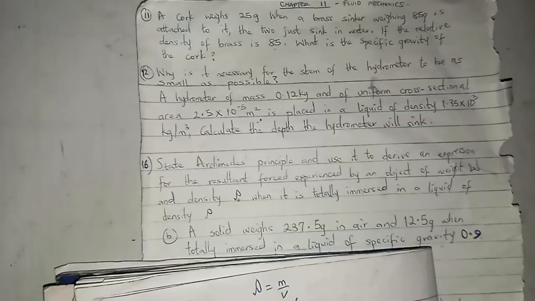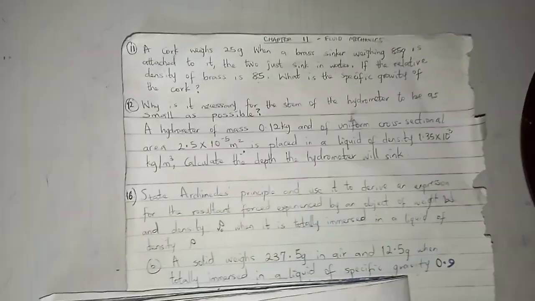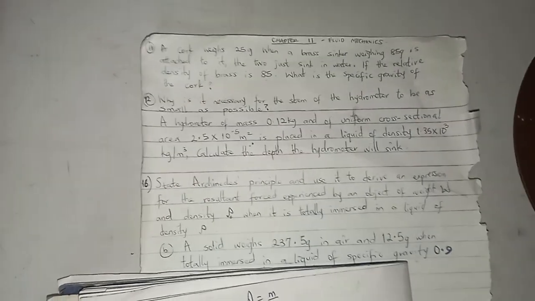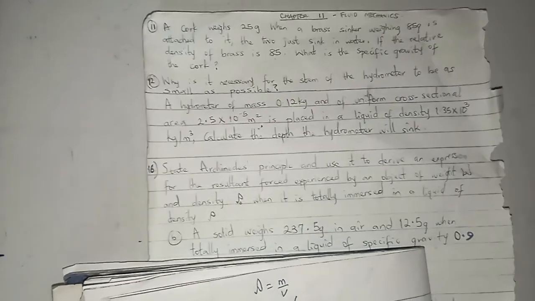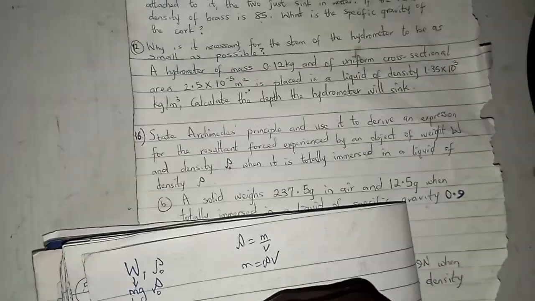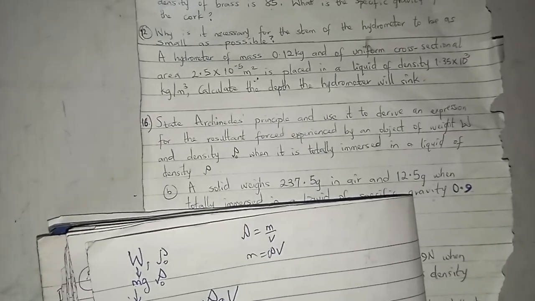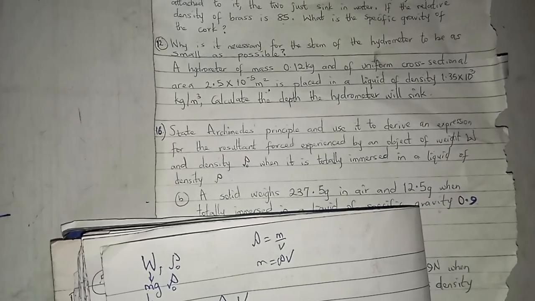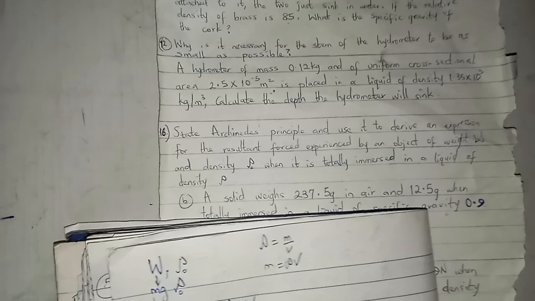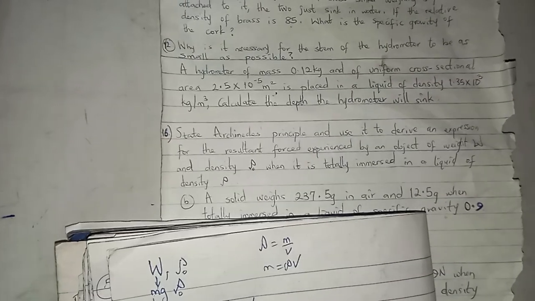So the force experienced by an object of weight and density when it is... So let's say I have, first of all, what is the relation between... first of all, Archimedes principle is like this: W equals to... so when it is totally immersed in a liquid of density, so P, then G and V.